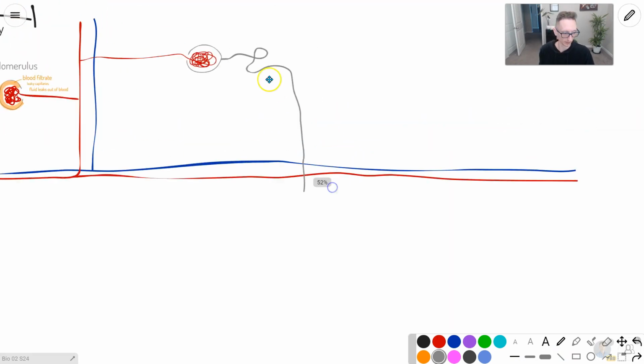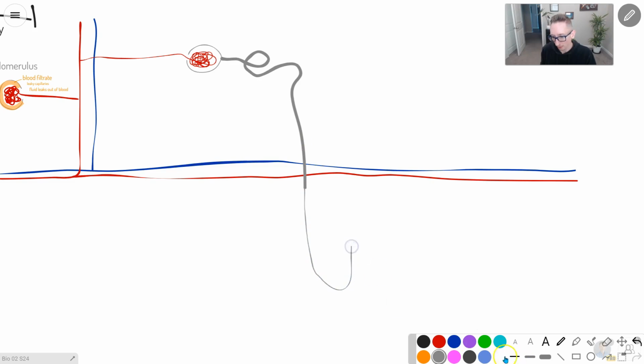And I want to draw that a little thicker. It would obviously be more convoluted than that, a lot more loops and things. Then the loop of Henle gets fatter.